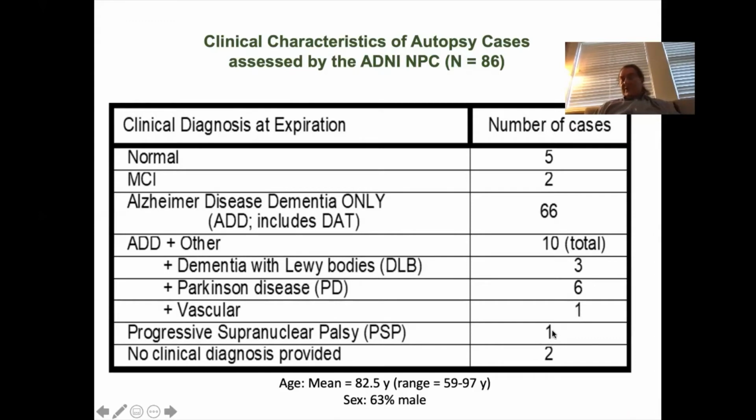One participant, interestingly, had progressive supranuclear palsy diagnosed in life, and 2 had no clinical diagnosis. So this is the clinical diagnosis. Remember, the majority of the 86 people were diagnosed to have pure Alzheimer's disease. 10 of them were thought to have Alzheimer's disease with something else.